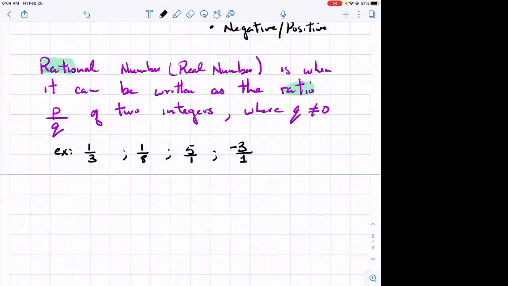So notice that the decimal representation of rational numbers either terminates or repeats.